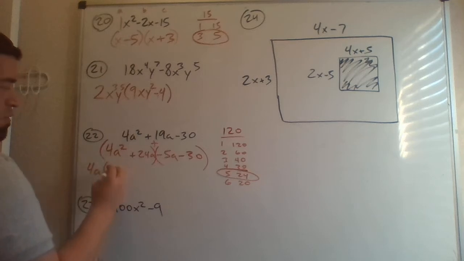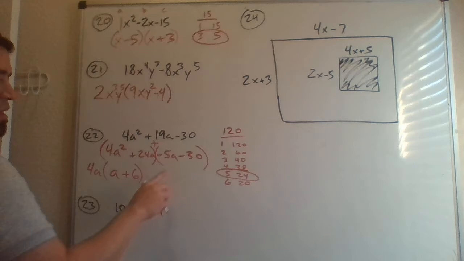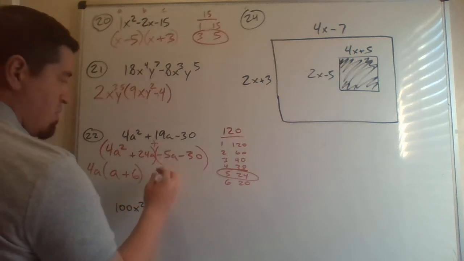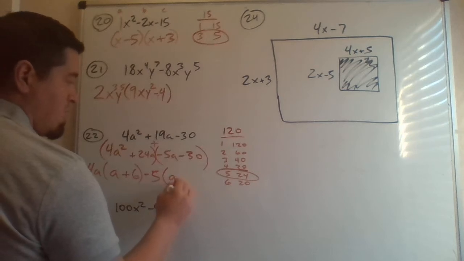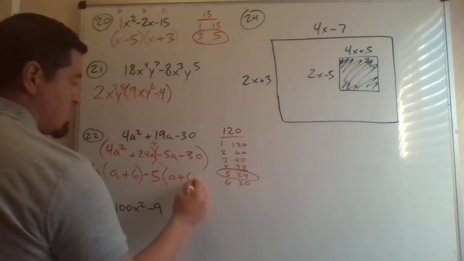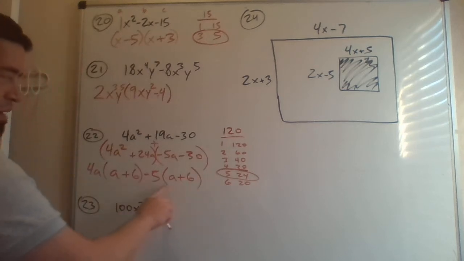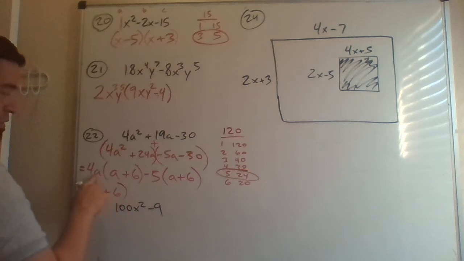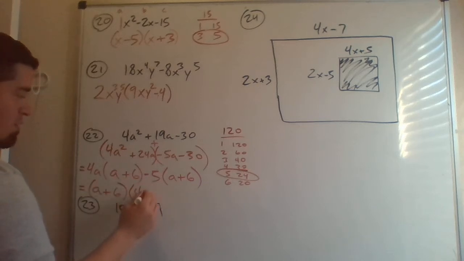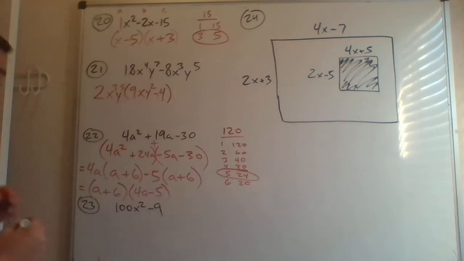Divide that by 4a, you get a. Divide this by 4a, you get 6. And then the greatest common factor in the second group seems to be -5. So divide by -5, you get a. Divide by -5, you get plus 6. And then you should notice that there's an a plus 6 here and an a plus 6 here. So we can factor that out, leaving a plus 6. What's left over? 4a minus 5. We have factored this.